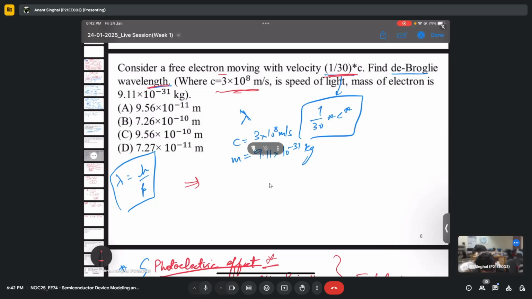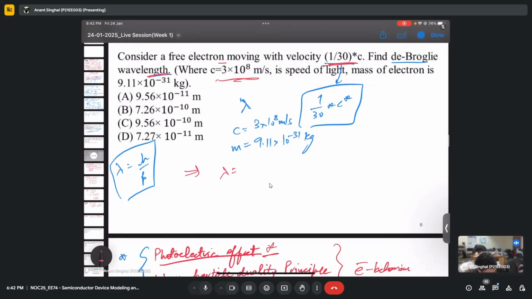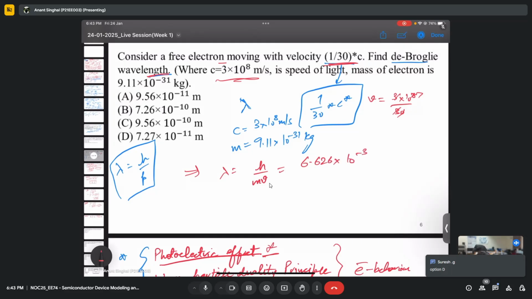So let's check. Lambda is h upon mv. So v is 1 by 30 of c, so we can calculate v here: 3 into 10 raised to the power 8, divided by 30. So this will be 10 raised to the power 7. So h is 6.626 times 10 raised to the power minus 34, divided by 9.11 times 10 raised to the power minus 31 times 10 raised to the power 7.